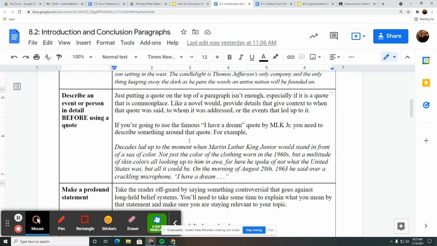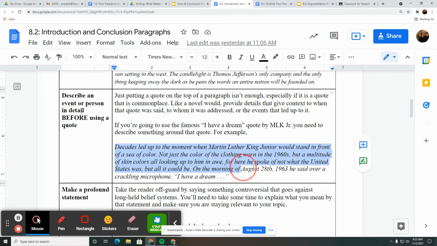So, instead of just saying, I have a dream, I am going to use imagery. So, follow along. Decades led up to the moment when Martin Luther King Jr. would stand in front of a sea of color, not just the color of clothing worn in the 1960s, but a multitude of skin colors, all looking up at him in awe. For here he spoke not of what the United States was, but all it could be.